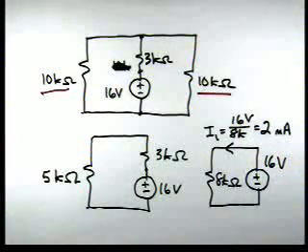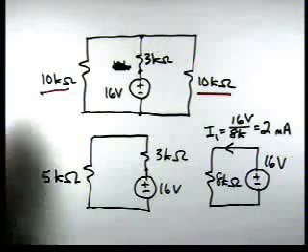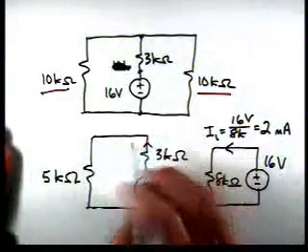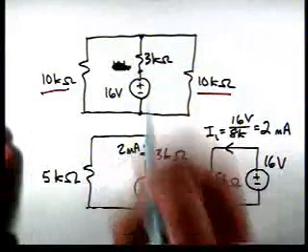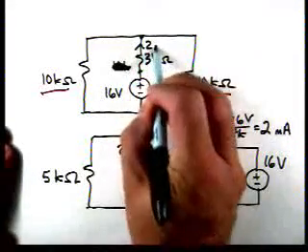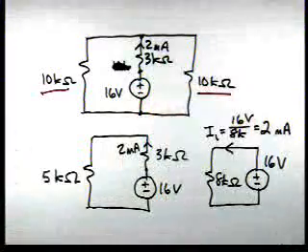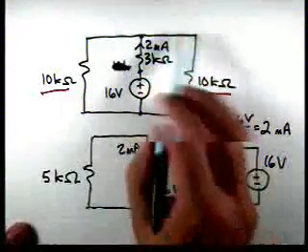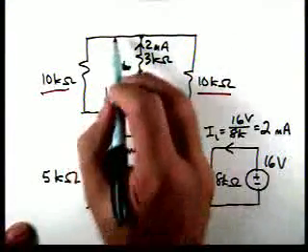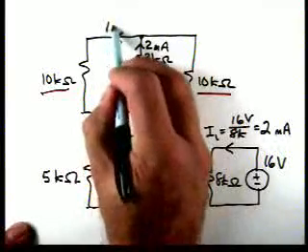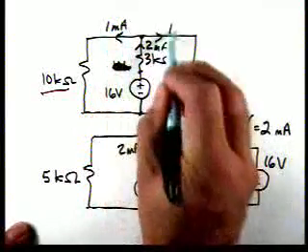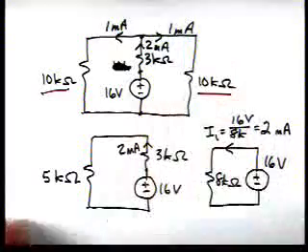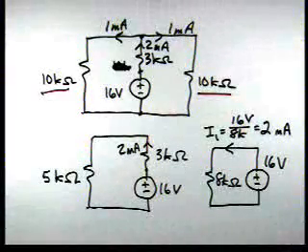Okay, so now we're going to backtrack through the circuits we've drawn to find those voltages. So here's 2 milliamps in this circuit. Now, we've got equal resistances in both of these paths, so by current division this current splits equally. There's 1 milliamp flowing in those two directions.